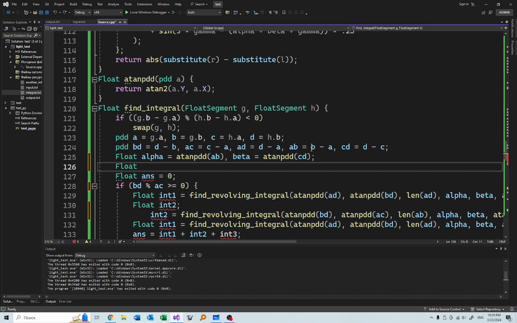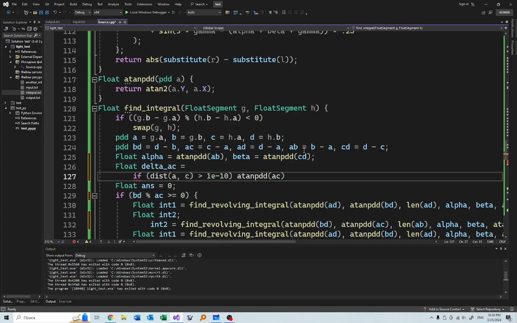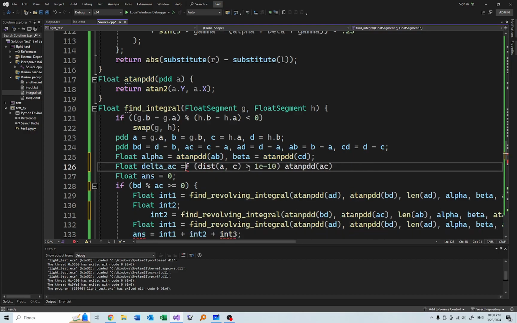Okay, I want to take AC. Okay, so delta AC equals, so if this is greater than 1e minus 10, then this, else, for example, 0, doesn't matter.